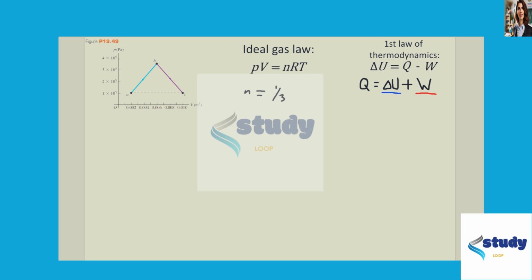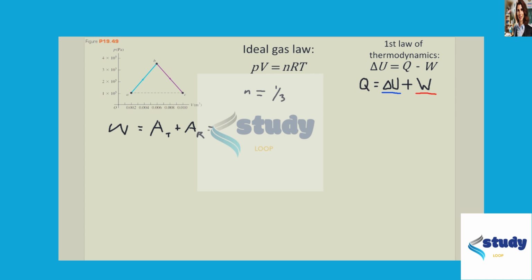So starting out with working out W, we know that the work done by the gas is going to be equal to the area under this PV curve. So the area W will be equal to the area of this triangle plus the area of the rectangle below it.